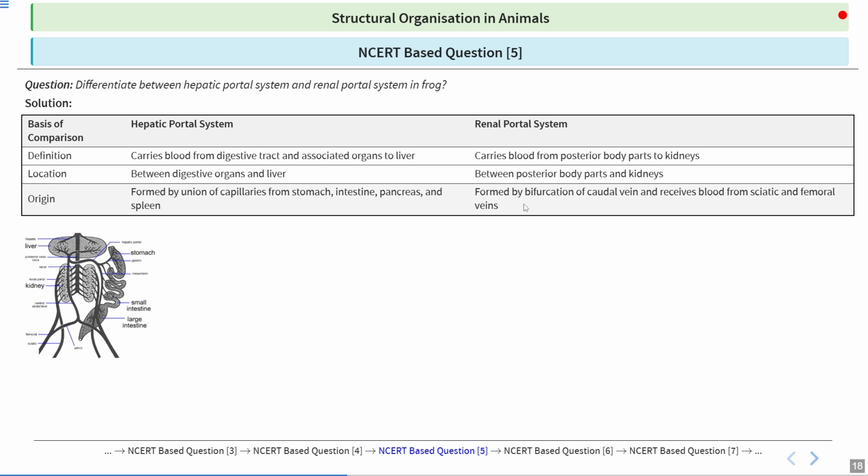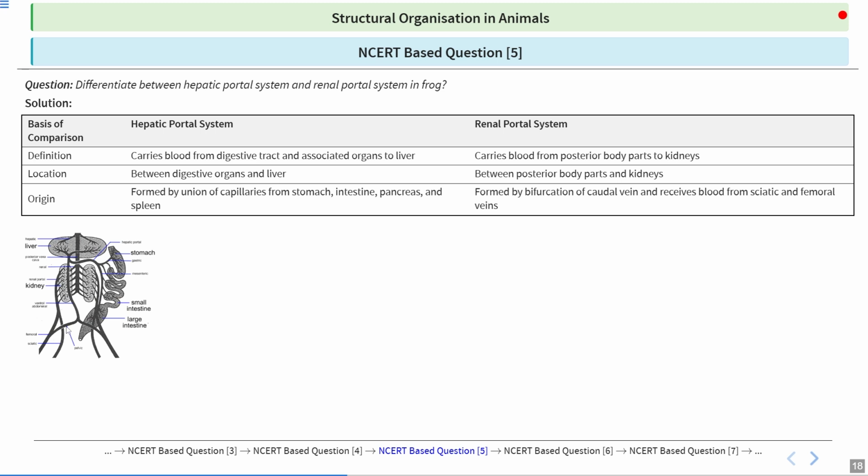So here in the diagram, you can see the stomach, you can see the intestine, right? And different veins coming out from these organs, and they join together to form the hepatic portal vein. Now this hepatic portal vein joins the liver, right? Now see here, this is the sciatic vein, this is the femoral vein, that is the pelvic vein, right?